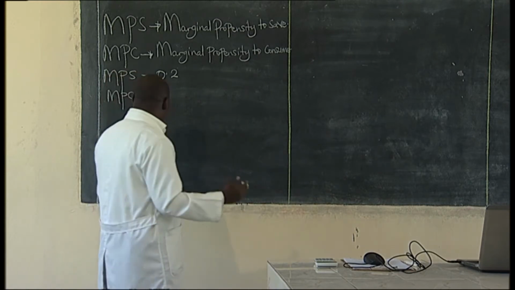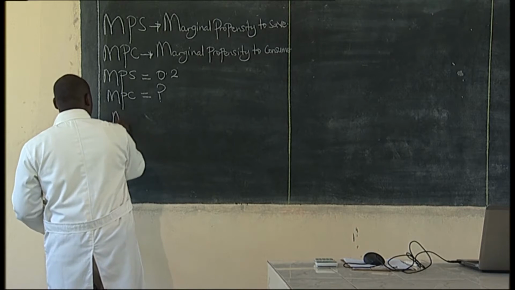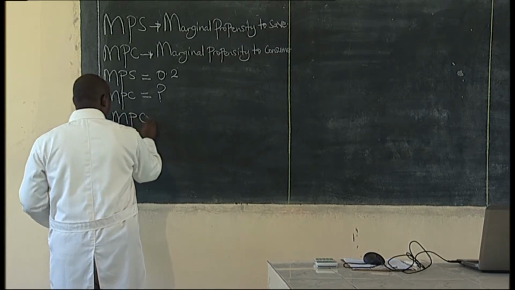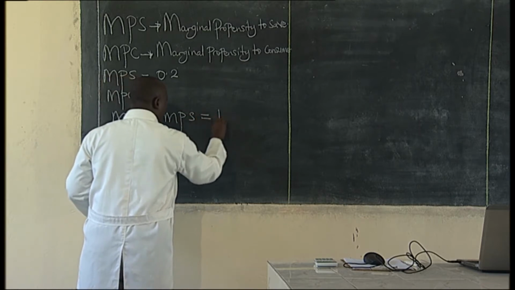We said marginal propensity to consume plus marginal propensity to save is equal to 1.